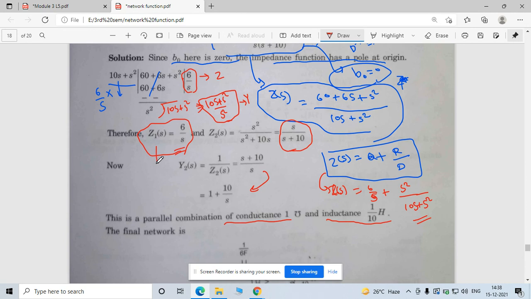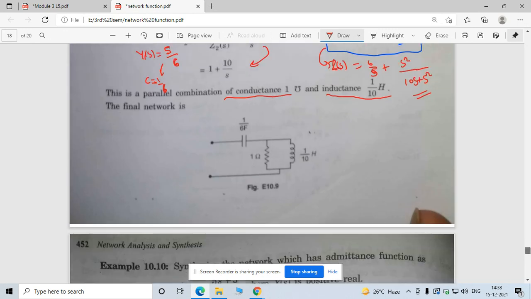So what is Y1 of s here? Y1 of s is nothing but your s by 6, right? S by 6 is what represents it. Here C is nothing but your 1 by 6, right? C s in the admittance function, C is represented with Cs, right? So that's why the capacitor is 1 by 6 farad.